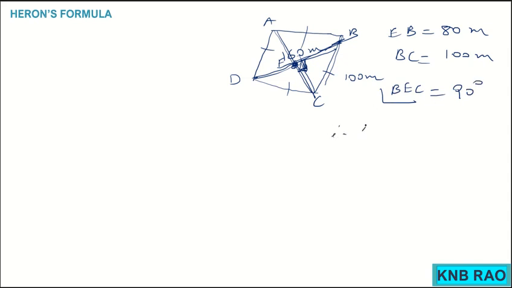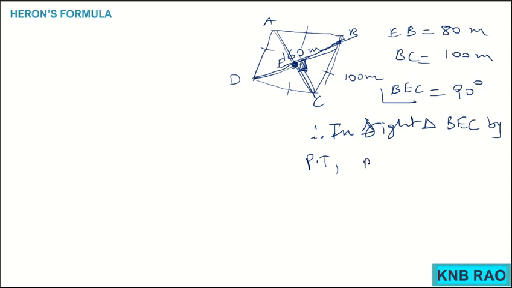Therefore in right triangle BEC, by Pythagoras theorem I can find EC.